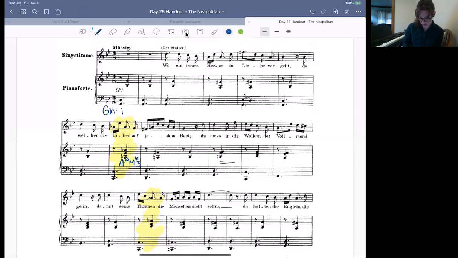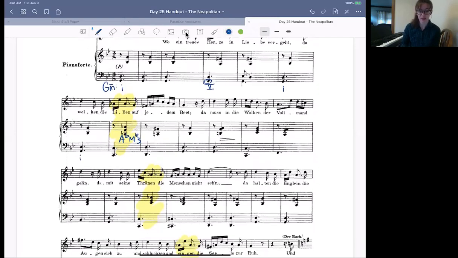So just to get us through the first system, it doesn't do a whole lot. We start on tonic. This is kind of interesting. We move to the dominant, but we do have this tonic pedal. So it's got a little more crunch than a regular old dominant. And then we move back to tonic here. And we stay there through the first bar of the second system.